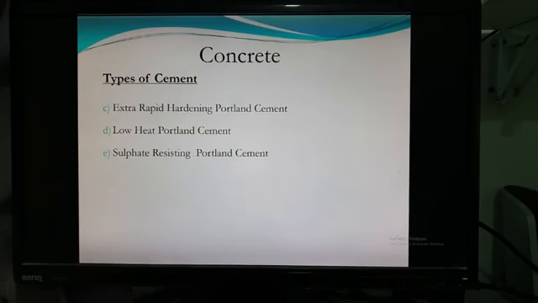And then we have other types also: extra rapid hardening, low heat Portland cement, when you need your curing process temperature to be controlled, so you want to use low heat. And sulfate resisting Portland cement, this is usually used for concrete works which are going to be exposed to extreme conditions of sulfate present, especially underground.